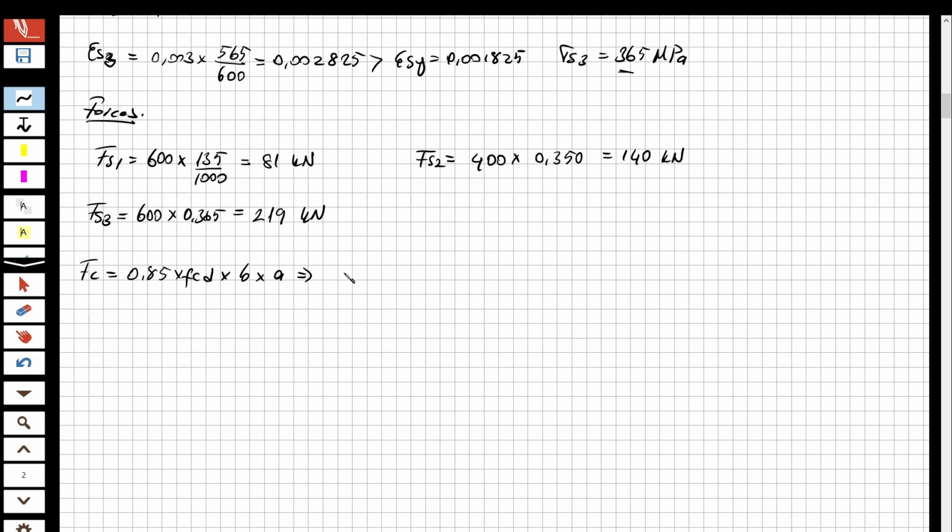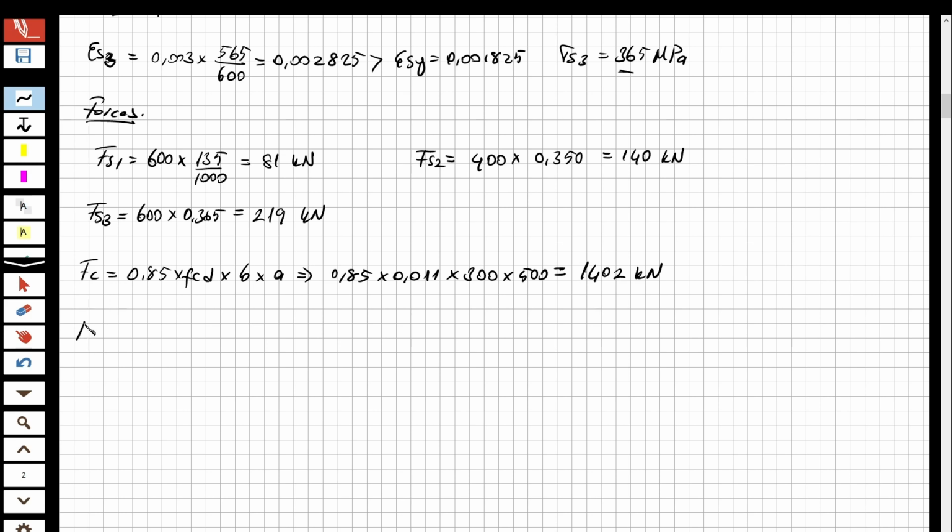So it's going to be 0.85 multiplied by 0.011 multiplied by b as 300 and a as 500. So this is going to be equal to 1402 kilonewton. Now you can see we obtained also the F concrete.